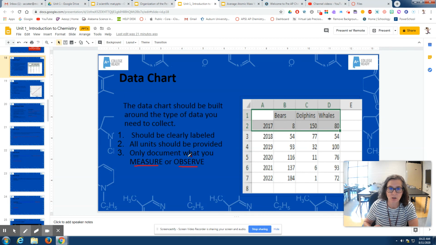That's the only thing you write down. And your data table needs to be clearly labeled. So these are bears, dolphins, and whales in these particular years, and it only includes what we're able to measure or observe. Okay, that's data. What we're able to measure or observe.